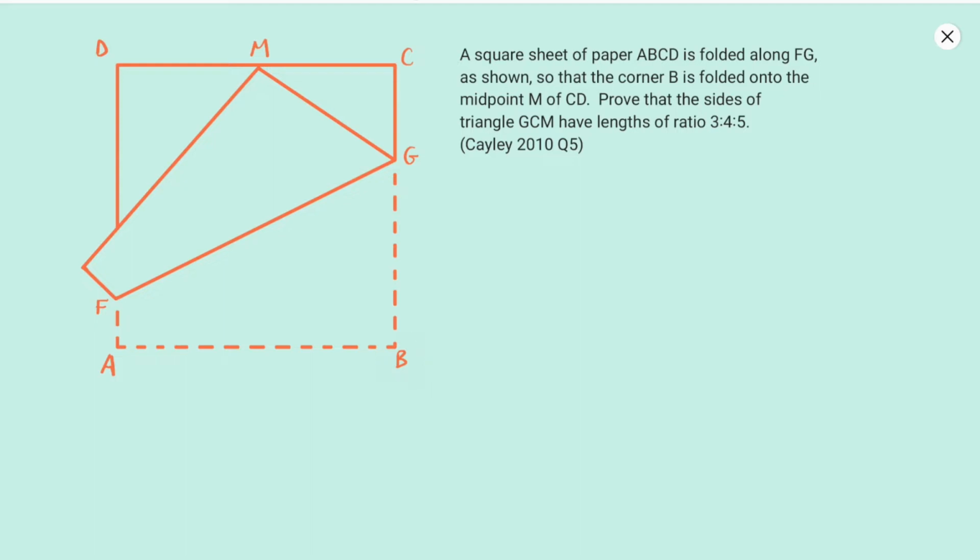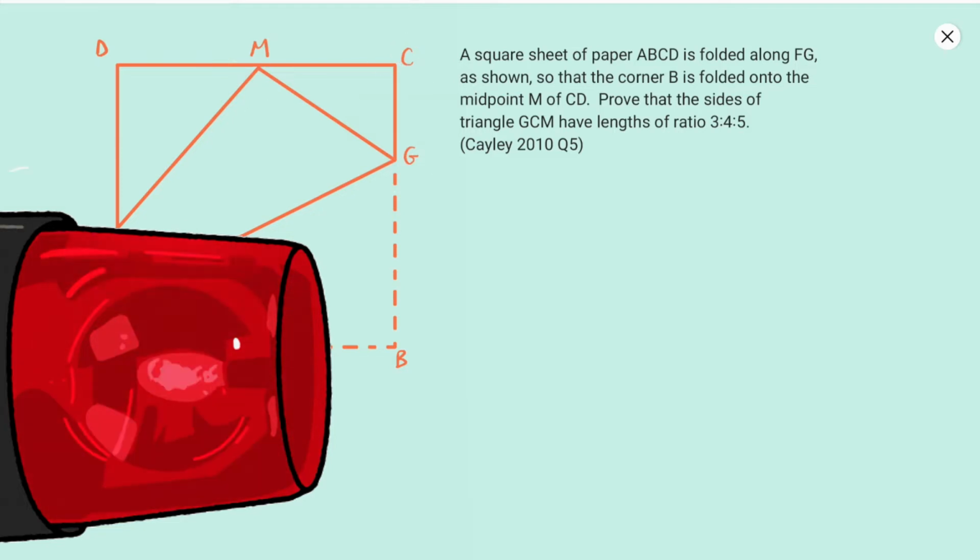And you can do this in real life if you want. But you can see it used to be down here at B, and it was folded up like that. Now it says that that is folded to the midpoint of CD. And we have to prove that the sides of the triangle GCM, that's the top right, have the length of ratio 3, 4, 5. The alarm bell's ringing straight away. 3, 4, 5, that's Pythagoras, right?